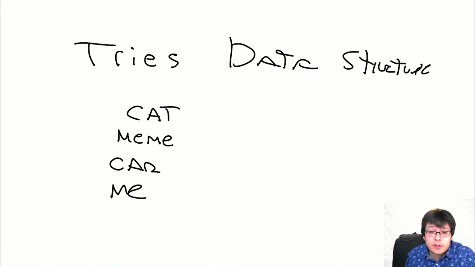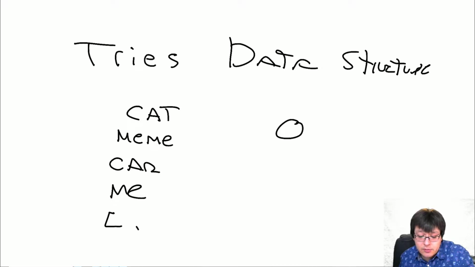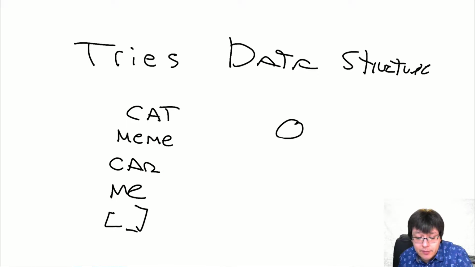Well, one of the things that I can do is have a root which has potentially nothing in it. So that's just the empty set, so no word. And then from there, I can create branches based on what letter I have to print next of the possible words that I have in my universe.